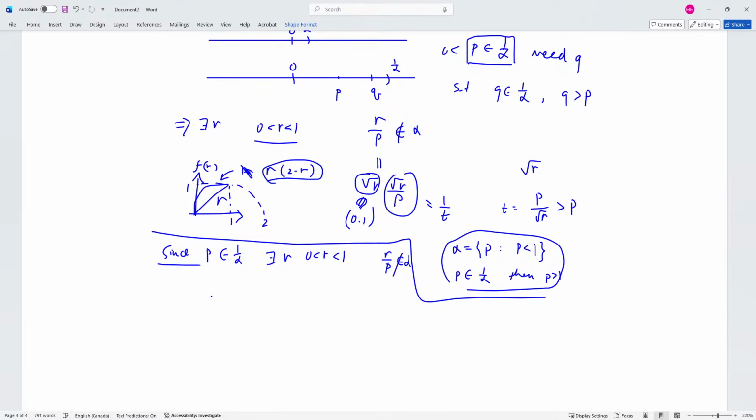So now let's consider something. Since r is between 0 and 1, 2 minus r is greater than 1.